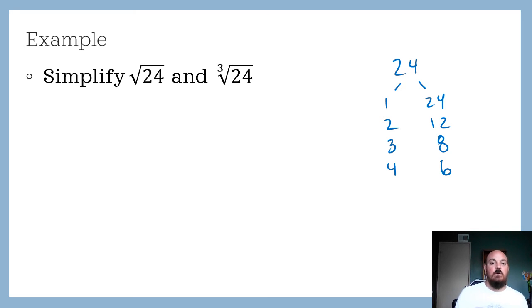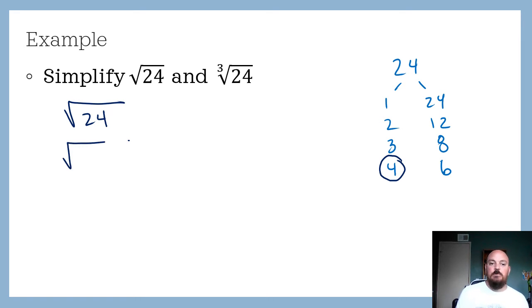Let me start with the square root of 24. Not the cube root, but the square root, what we did last week. So if I'm doing the square root, then what I'm looking for is a perfect square factor. And the biggest perfect square factor I see for 24 is the 4. So I say, okay, well 24 is 4 times 6.